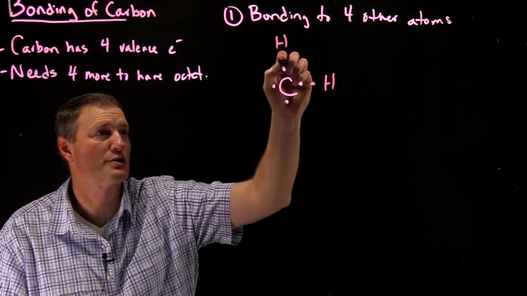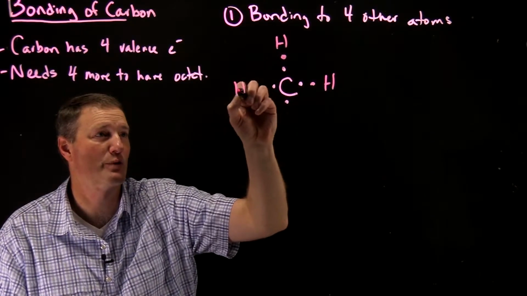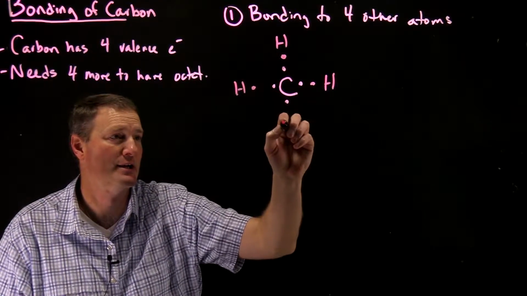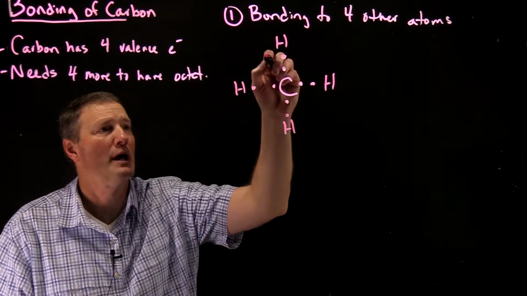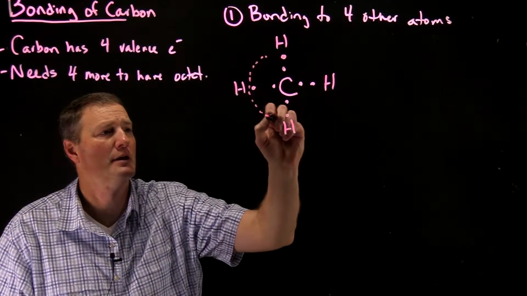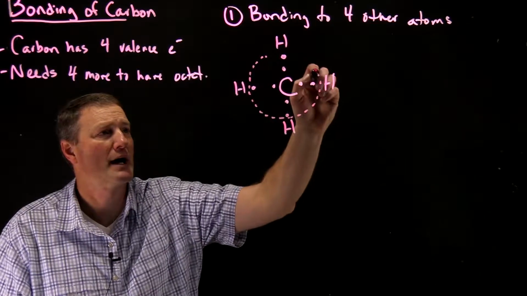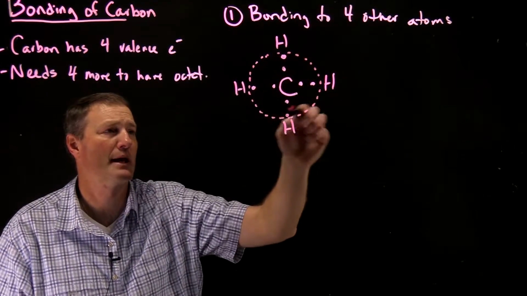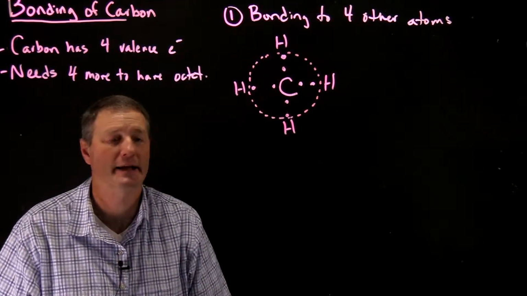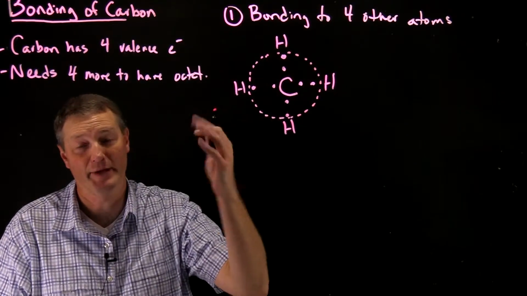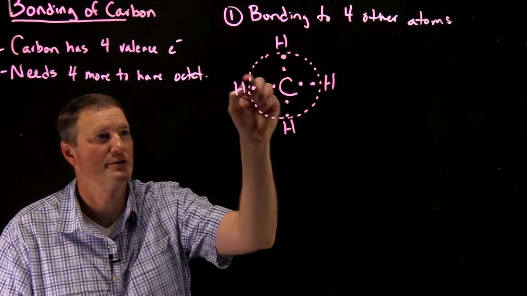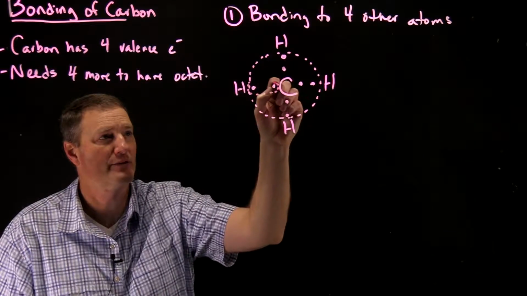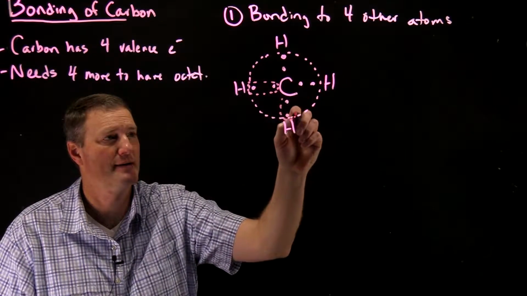So if I were to bring 4 hydrogens with their single electrons near to the carbon, what that will do, it will now give carbon a full octet. Okay, so there's 8 electrons in there. And hydrogen, because it's so small, it's actually satisfied with just 2 electrons. So this hydrogen now would be satisfied with its 2 electrons there.